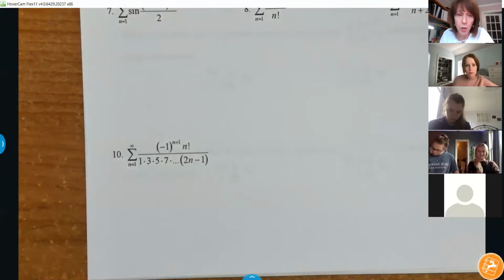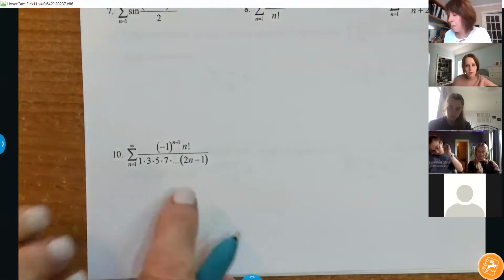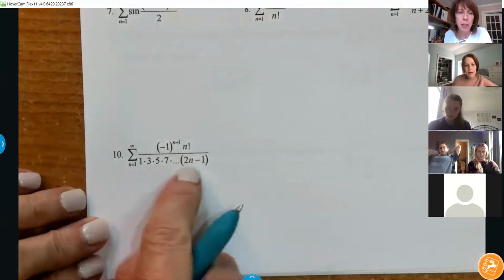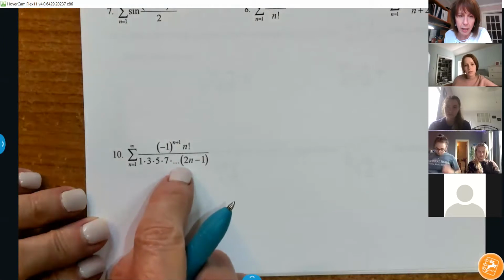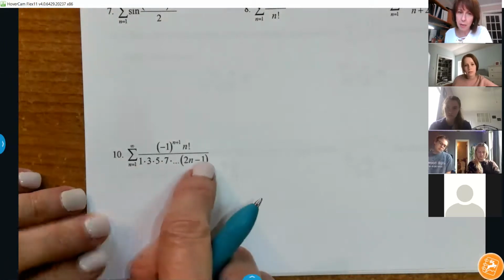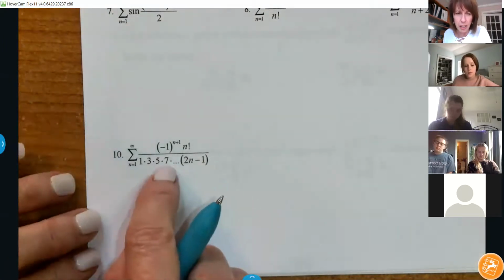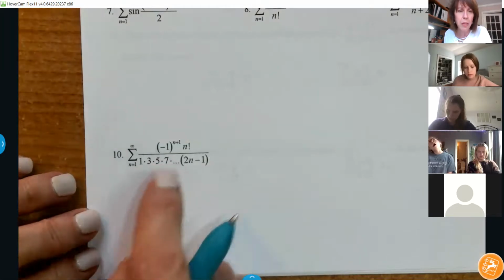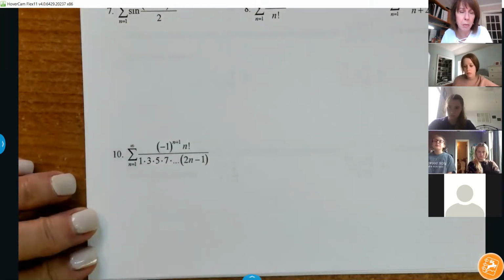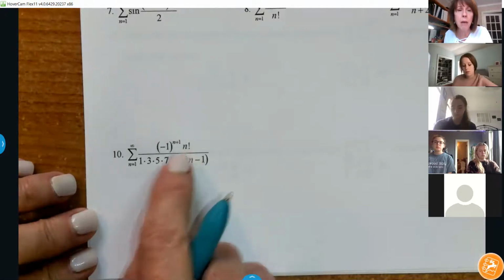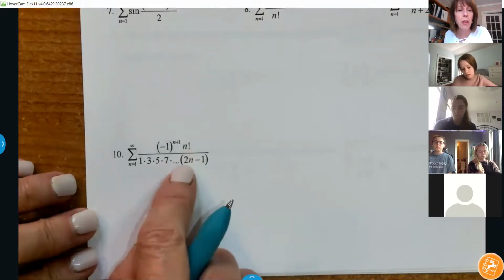I have that n factorial on top, and I know it's a factorial, and I know it's super strong. But on the bottom, I have something that's also behaving like a factorial. It doesn't hit every number, it looks like, but it hits some big numbers. So in my mind, just starting off, I'm not sure which is stronger, the n factorial on top or this on the bottom, okay?